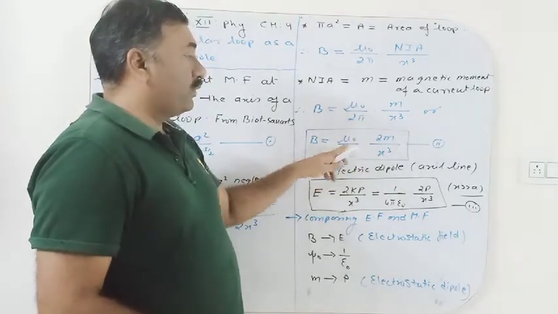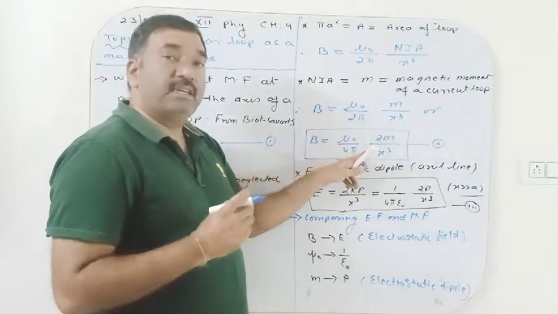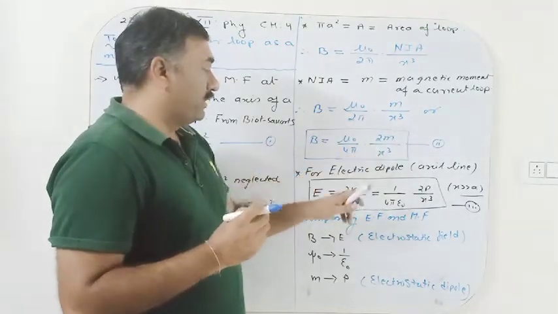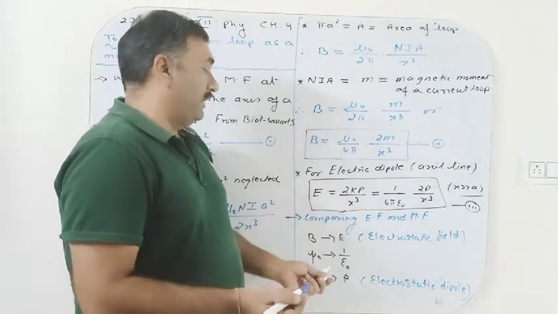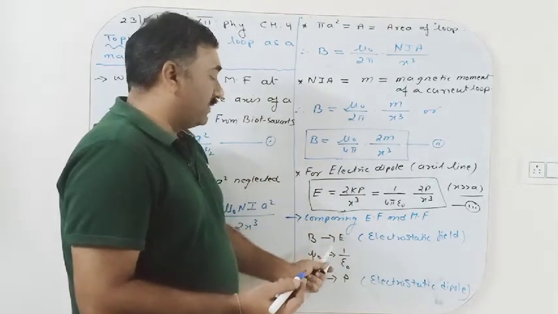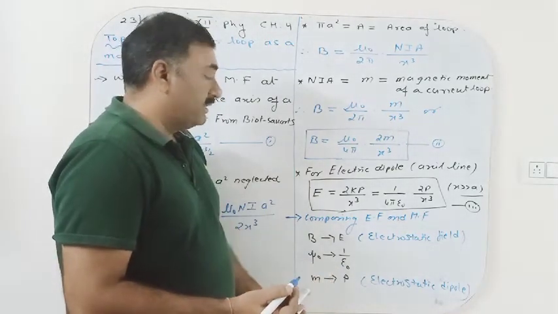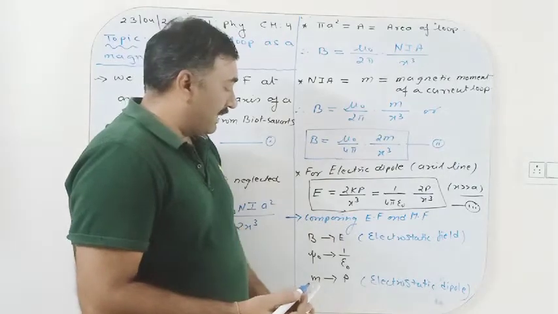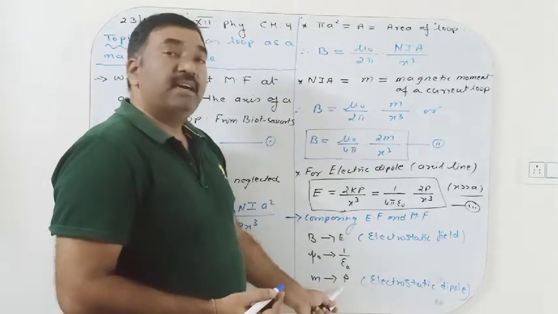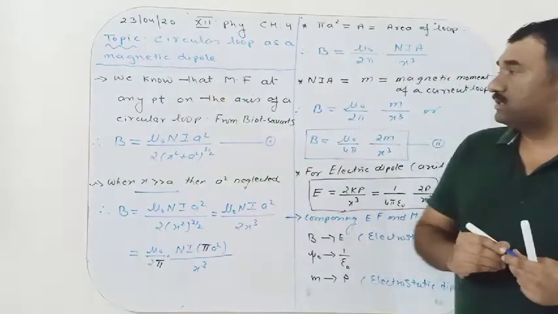B is mu 0 upon 4 pi 2M upon x cube. This is the formula for the magnetic field at any point on the axis of the current loop. Comparing with the electric field, B is compared with E, magnetic permeability with electric permittivity, and magnetic dipole moment M with electric dipole moment P. Just write down this.